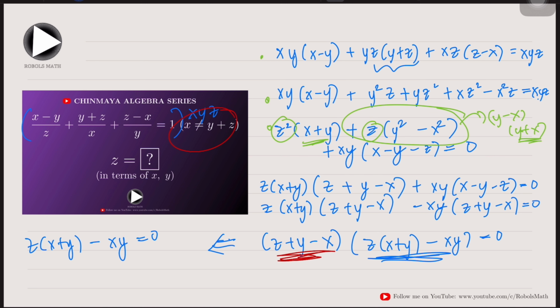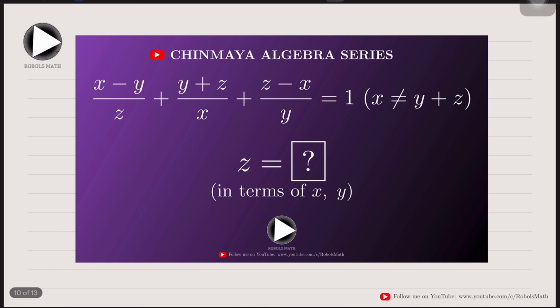All that's left is to solve for z. So z is equal to xy all over (x plus y). Therefore, the value we're looking for is this thing here, xy over x plus y, and that's our final answer.